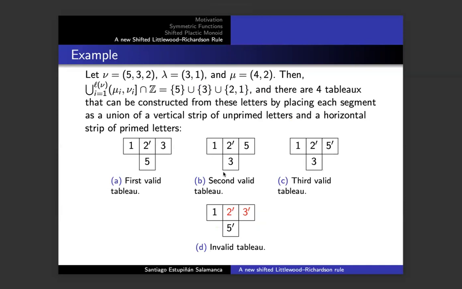So, yes, basically, if you consider this example, then you have lambda, mu, and nu. There are 4 possible tableaux that you can construct. One of them is constructible but not constructed, the tableau in D.